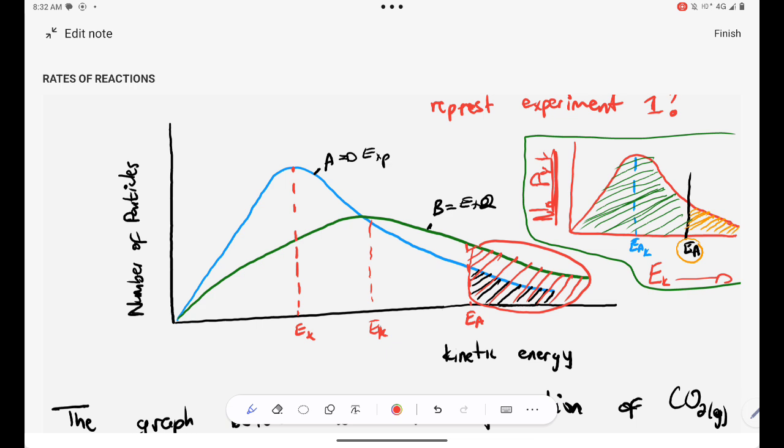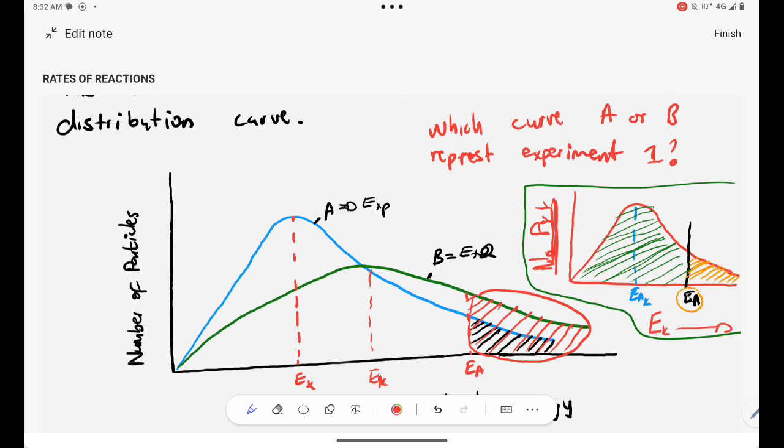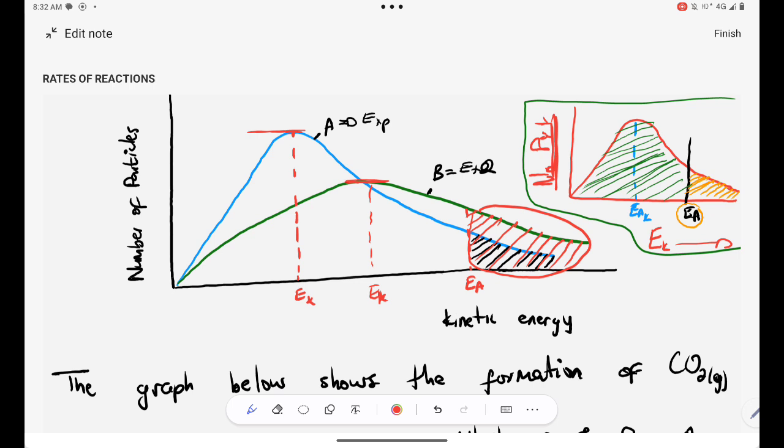Now guys, whenever you increase your temperature, the first thing that will happen to your Maxwell-Boltzmann distribution curve is that your peak will be lowered. Initially, at a lower temperature, the peak was up there, but right now our peak is lowered down there. And secondly, the average kinetic energy has increased from this value to that value.